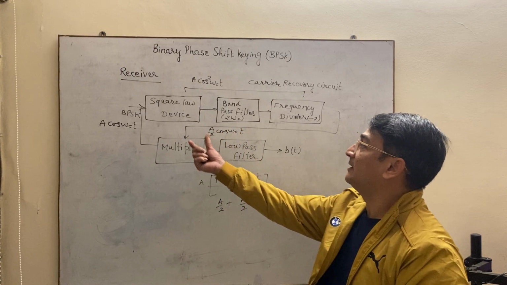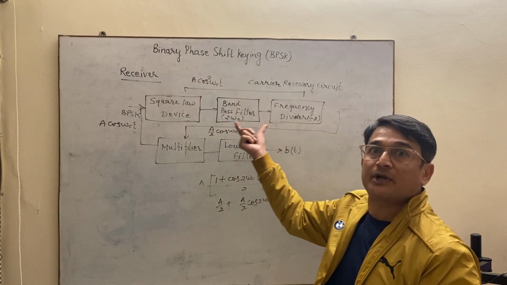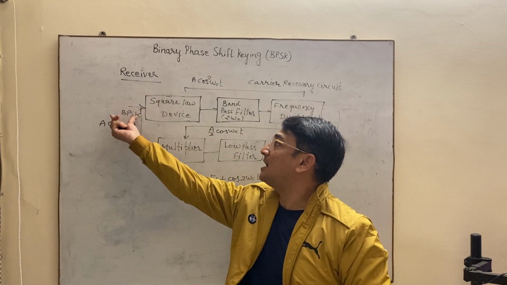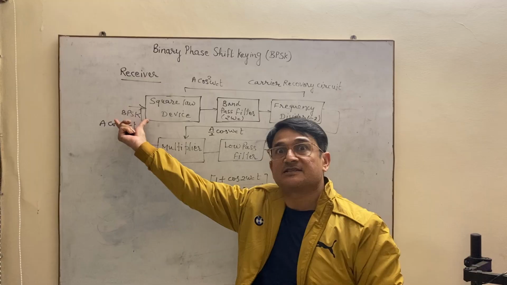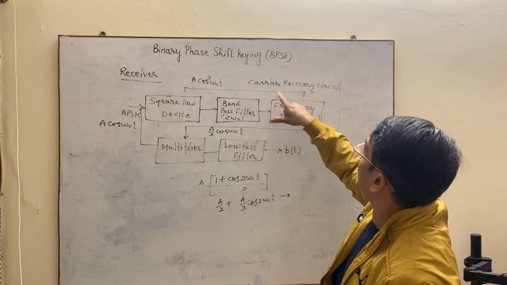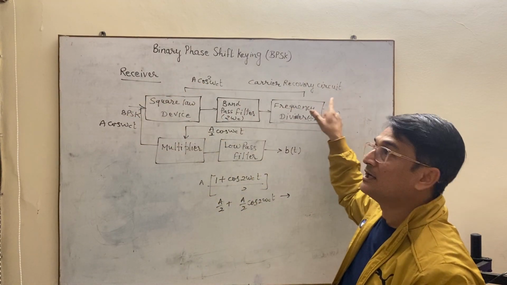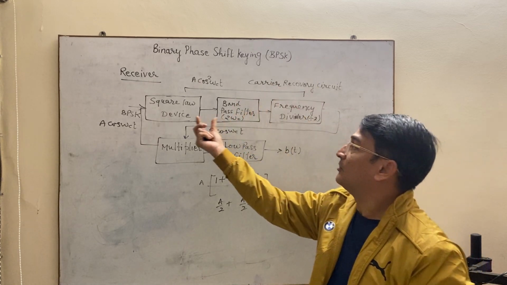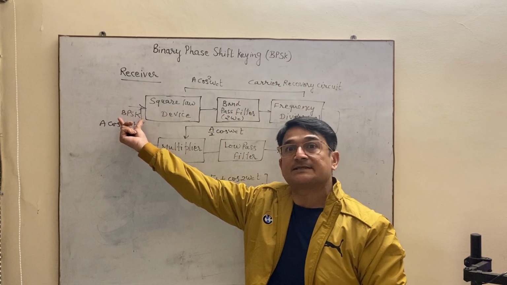So basically with these three blocks, you are extracting your carrier from the BPSK signal itself. That is why these three blocks are known as the carrier recovery circuit. From here you are recovering the carrier from the modulated signal.